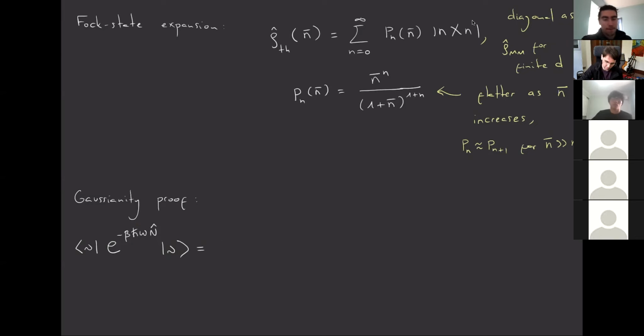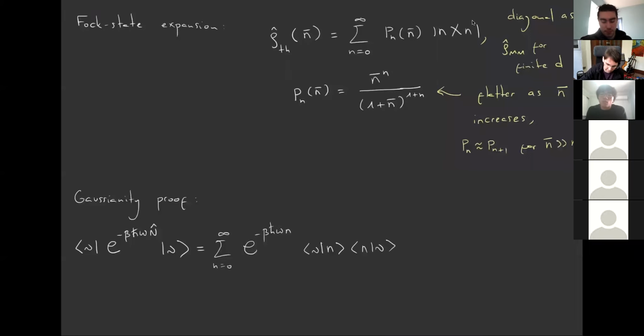And we get something very simple. It's just the sum from n equals 0 to infinity of the exponential of minus beta h bar omega n, the eigenvalue of the number operator, and then here we get mu, n, n, mu.